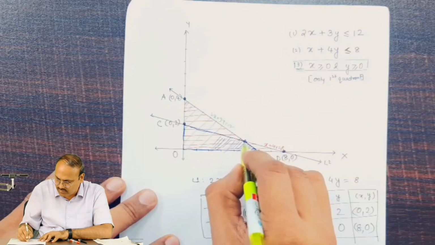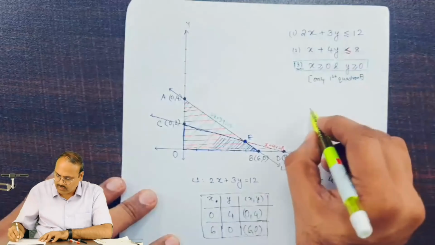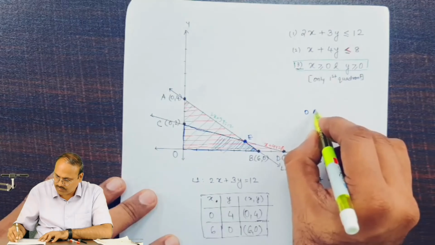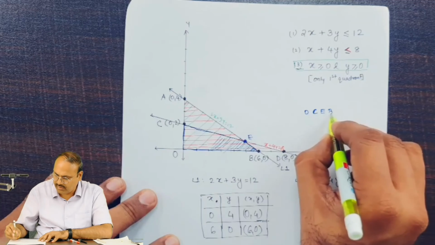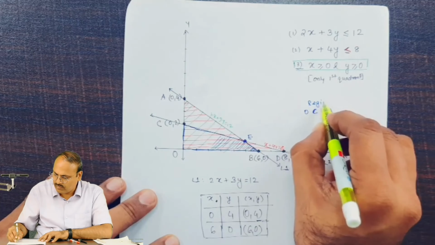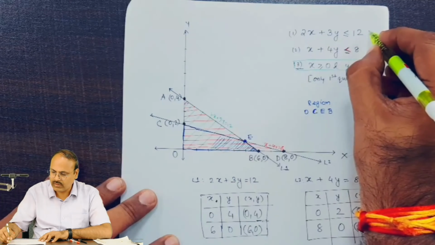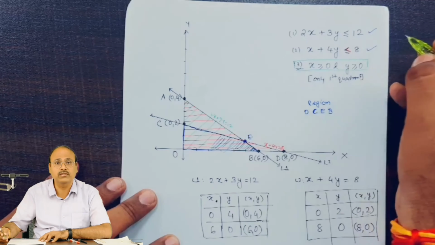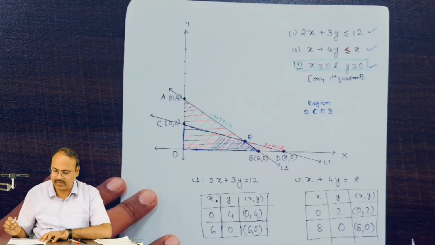Let us call this point of intersection point E. The region O, C, E, B is the region which is common to linear inequation 1, linear inequation 2 and the non-negativity condition x greater than or equal to 0, y greater than or equal to 0.